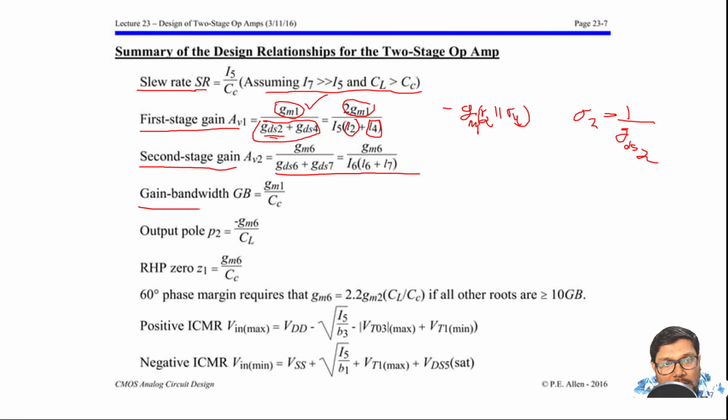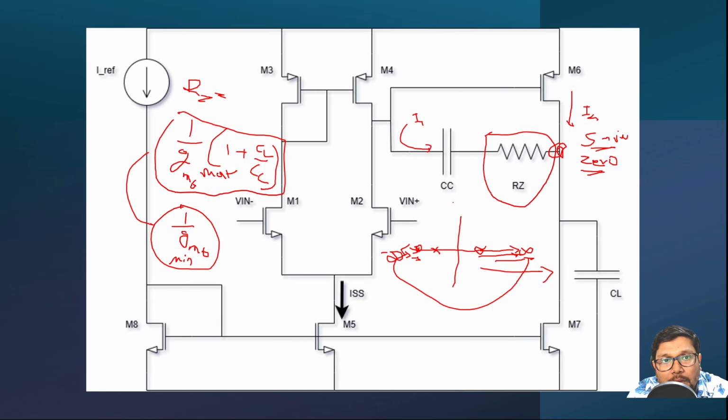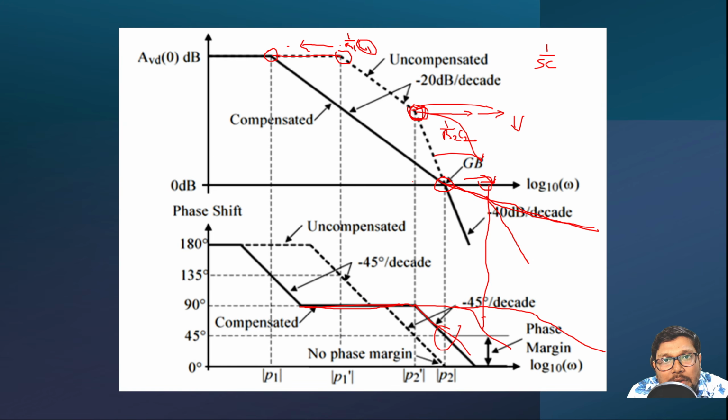Okay, what is gain bandwidth? Gain bandwidth is our GM1 into CC. So you can see this is GM and this is the total resistance. And if you see this point, let me go to that slide. So this pole is 1 by R1C1. This R1 is defined by 1 by GDS1 plus 1 by GDS2 plus GDS4. And this C1 is dominated by CC.